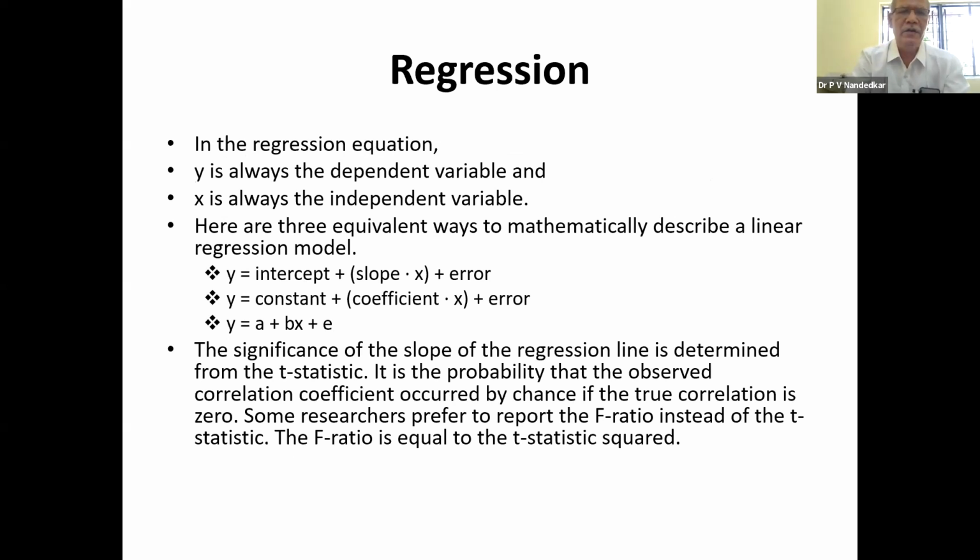Another way of examining the equation is whether the regression equation is a linear one or a non-linear one. The intercept plus slope times x plus error is the usual form of expressing a linear regression.